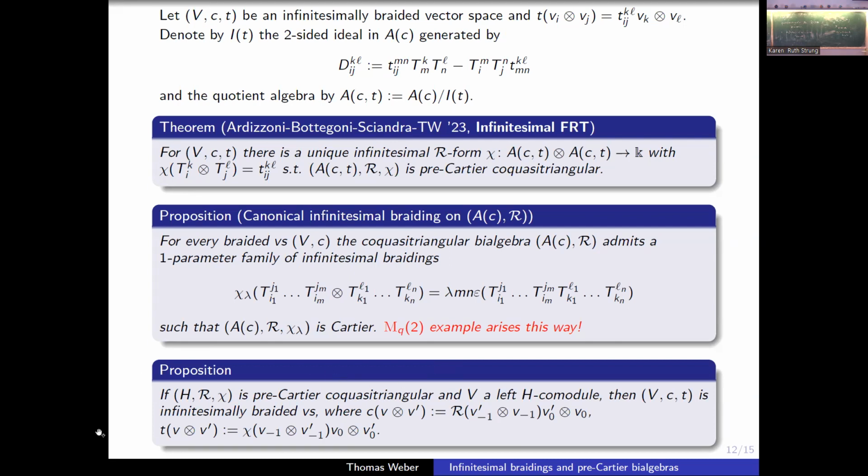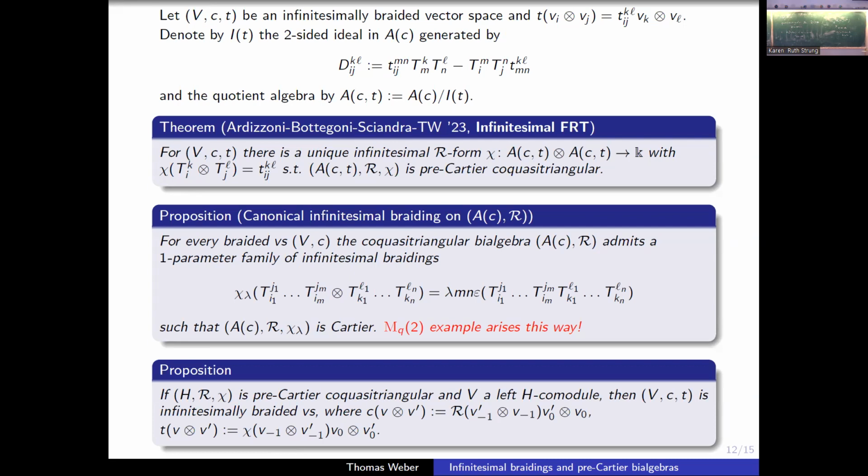Just a quick comment. We also have a converse statement saying that if you start with a pre-Cartier coquasitriangular bialgebra and a left comodule, you can structure this left comodule as an infinitesimally braided vector space by taking chi coming from R and T given by chi in this way.